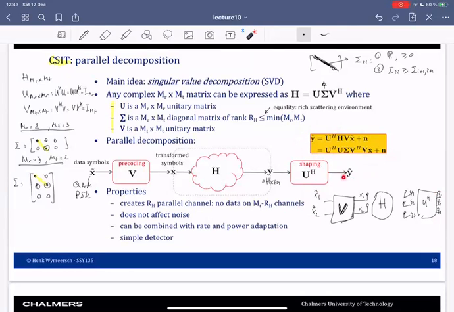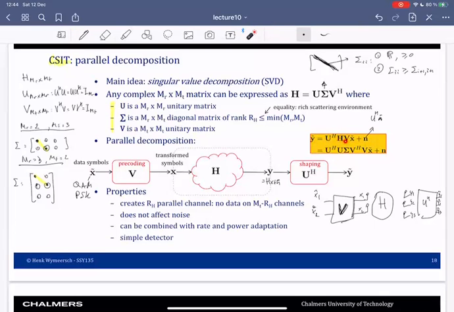So Y tilde is U Hermitian times H times V times X tilde, plus noise. And this noise is U Hermitian times the original noise.